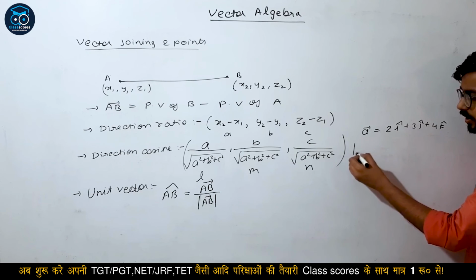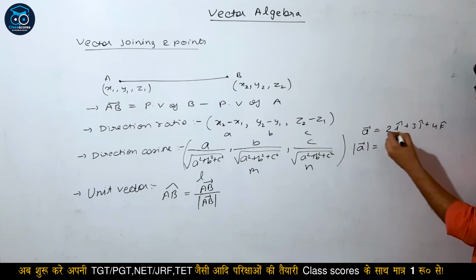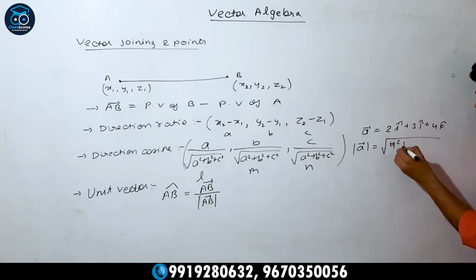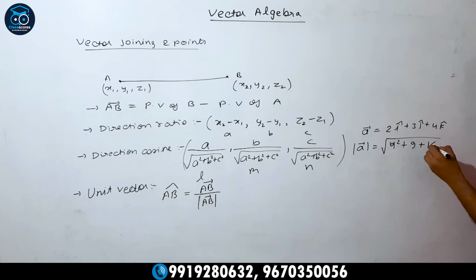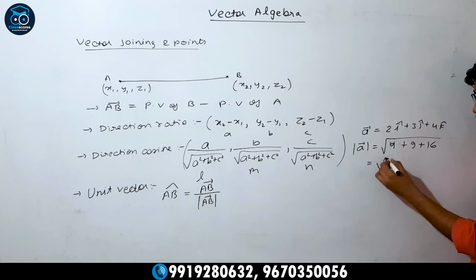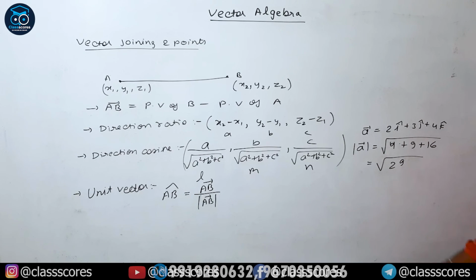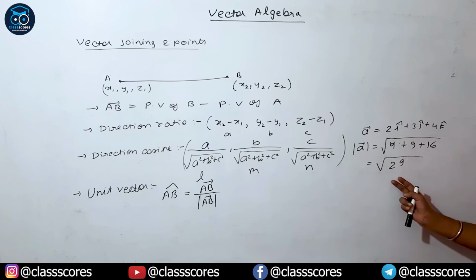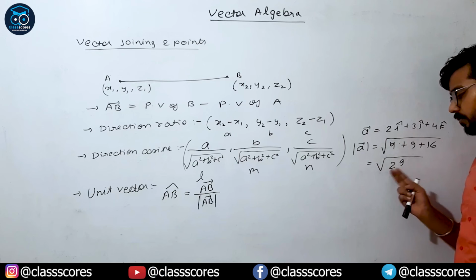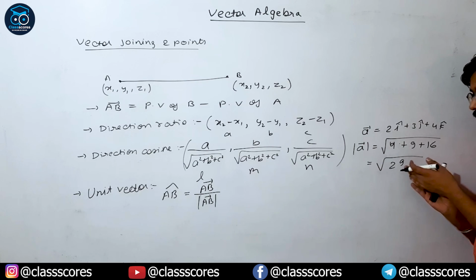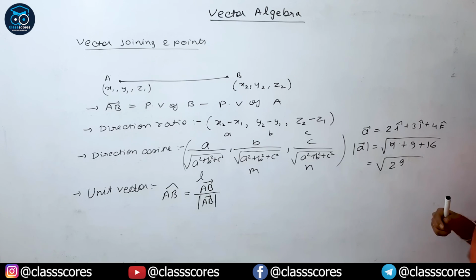So first of all, I have to check the magnitude of this vector. 2 square is 4, plus 9 plus 16. So it will be root 29. So the magnitude of this vector is root 29. Now I have to convert this root 29 into 1.